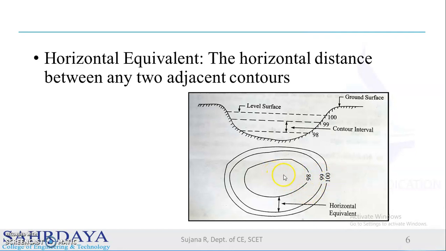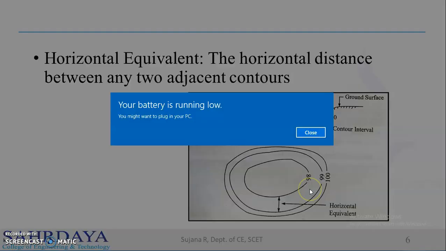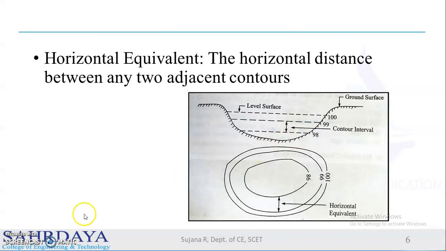Before 98 it will be 97 and after 100 it will be 101. These are the basic terms related to contours and contouring. In the upcoming lectures we can see the characteristics of these contours and how we can plot them. Thank you.